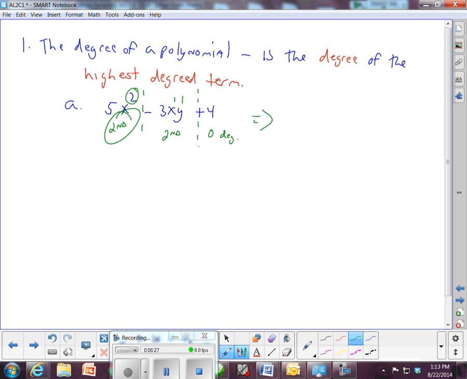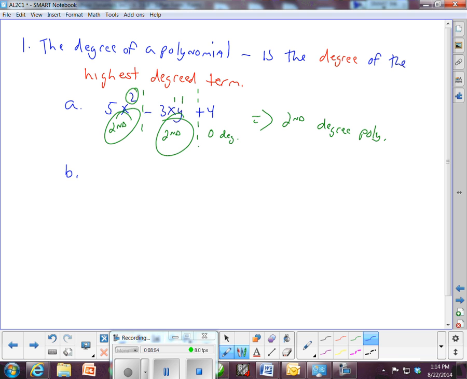What's the highest? In either case it's second, and this is a second degree polynomial. So this is specifically a second degree trinomial. Let's do another example.